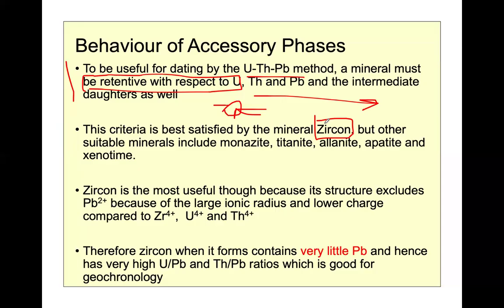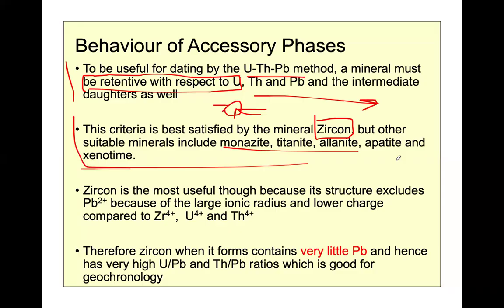Even zircons can be kept without exchanging any material for long periods of time. Billions of years it can exist. Other minerals include monazite, titanite, allanite, apatite, and xenotime. These are all accessory minerals.